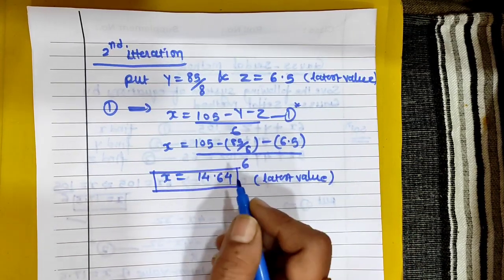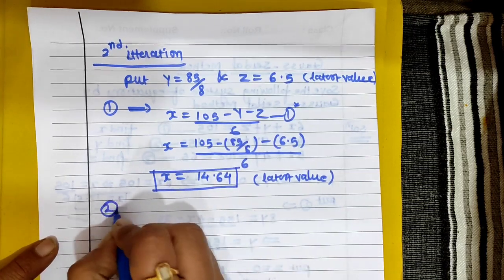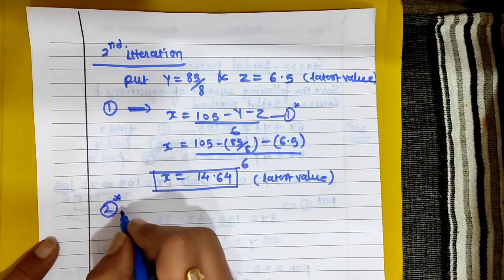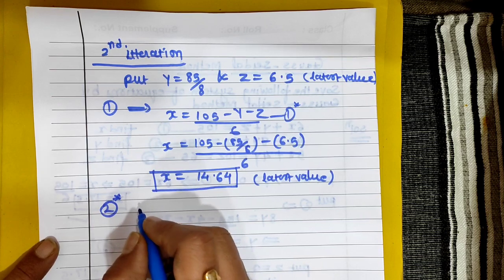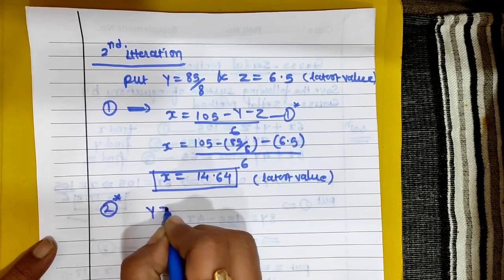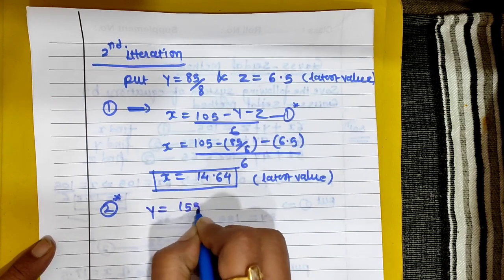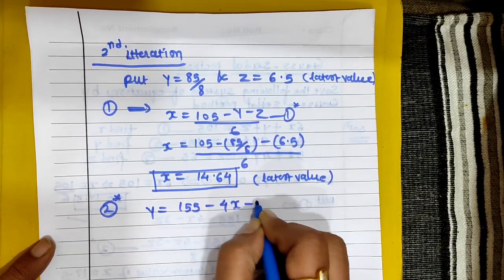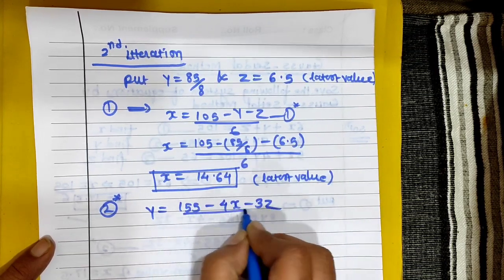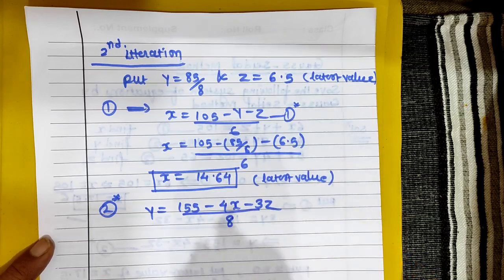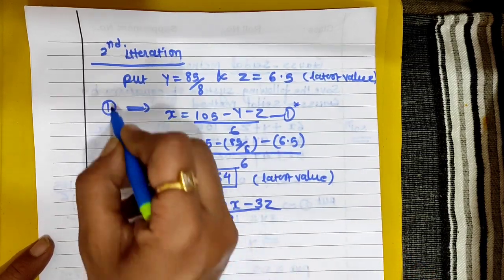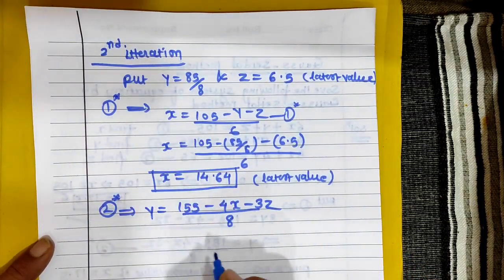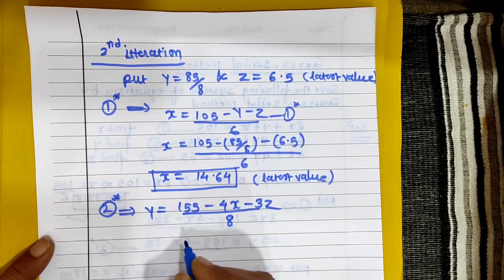In the similar way, equation 2 star, what is that equation 2 star? Y equal to 155 minus 4x minus 3z upon 8. This is our equation 2 star, right? So we have to substitute the latest value of x.